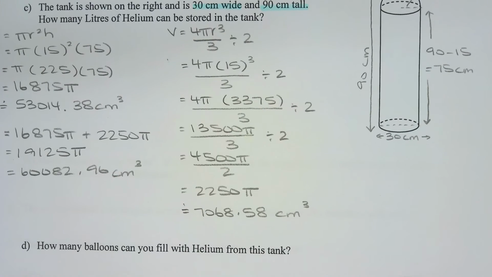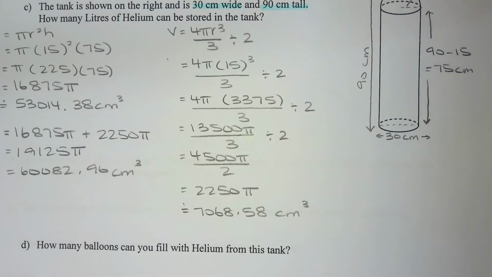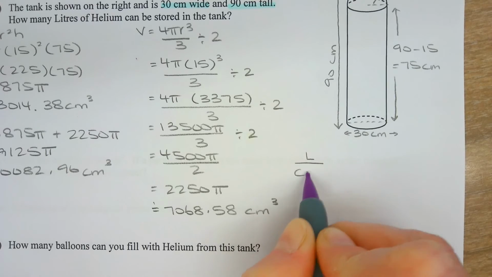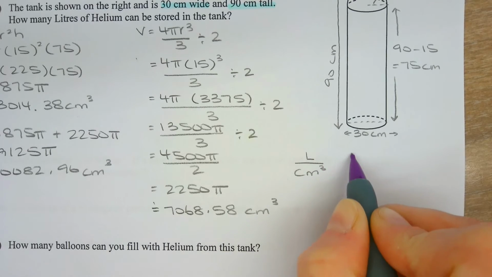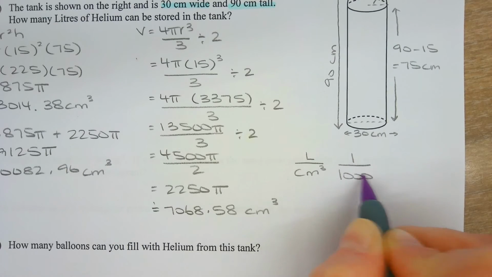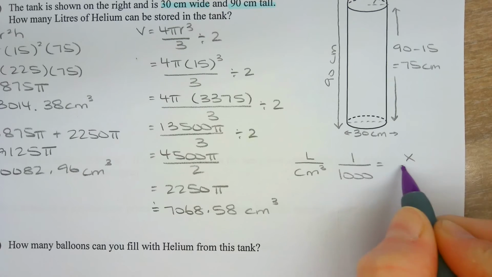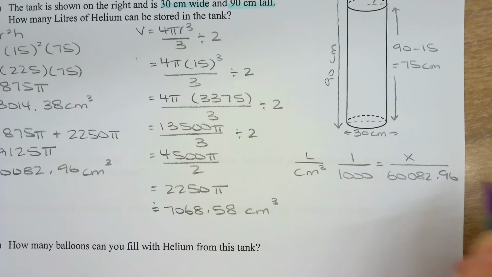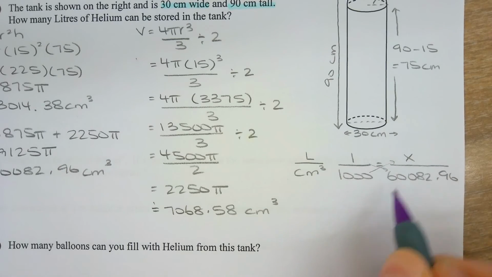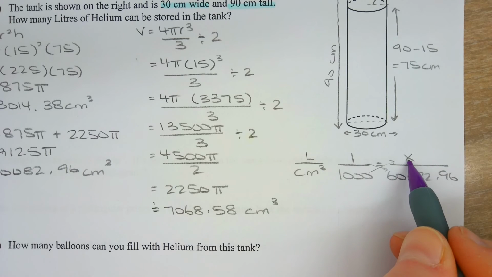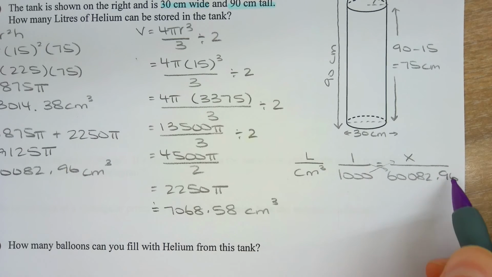Okay, but now we want to do the number of liters. So I know that 1 liter is 1,000 centimeters cubed. So I want to know how many liters are in 60,082.96. I can cross multiply: 1,000 is being divided on the left, so it can be multiplied with x, and this is being divided on the right, so if I bring it over, it will be multiplied with 1.